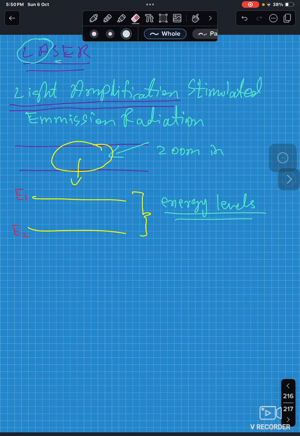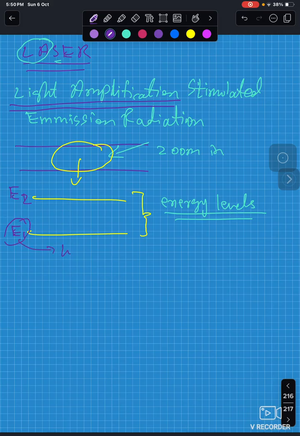Sorry, it should be vice versa, it should be opposite, because E1 is always taken as the lowest energy level.